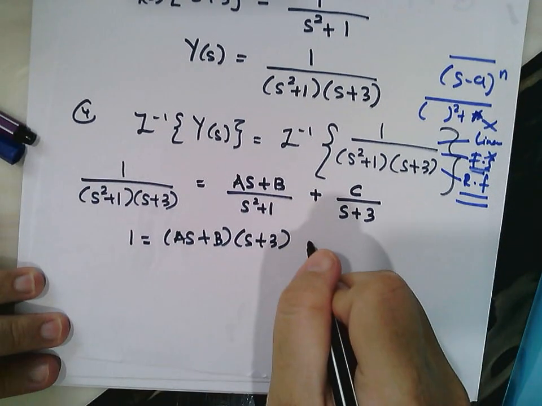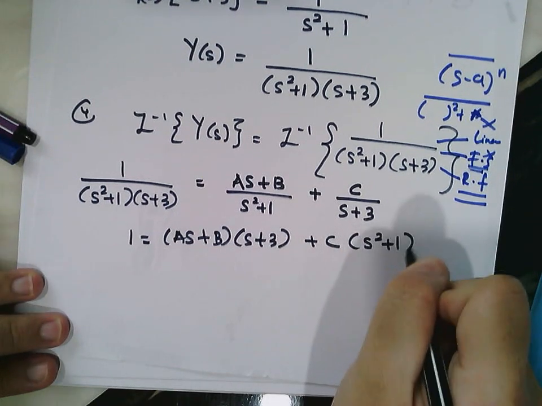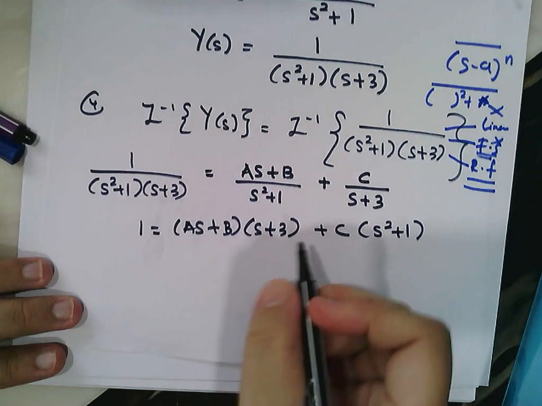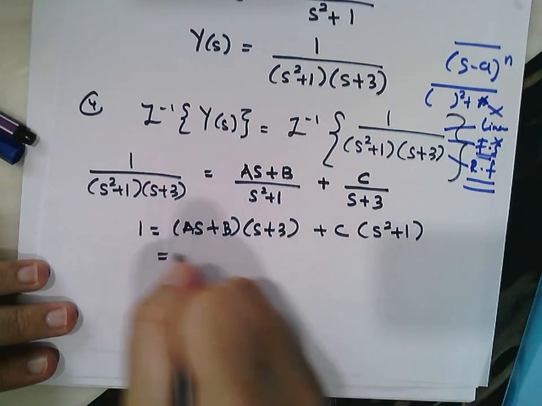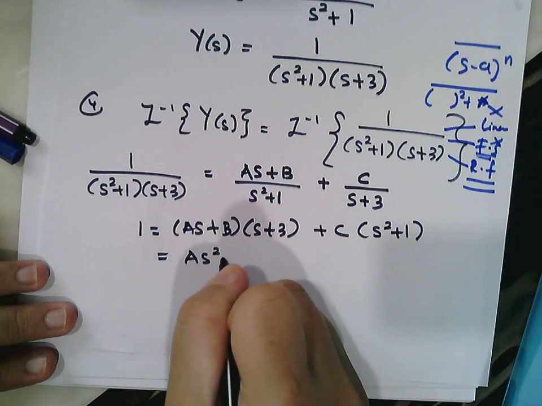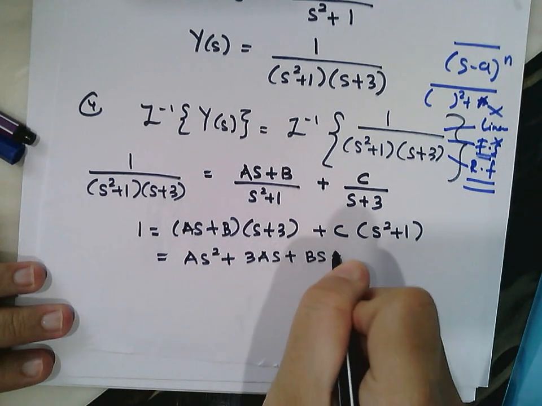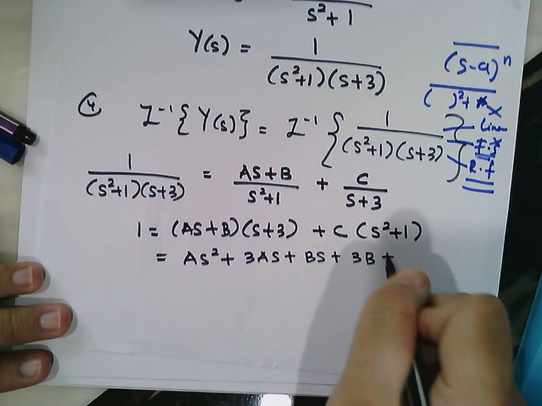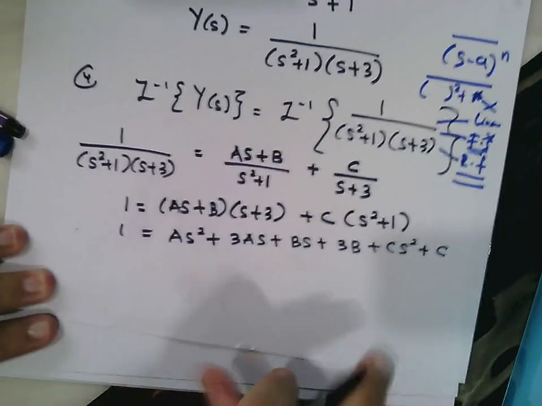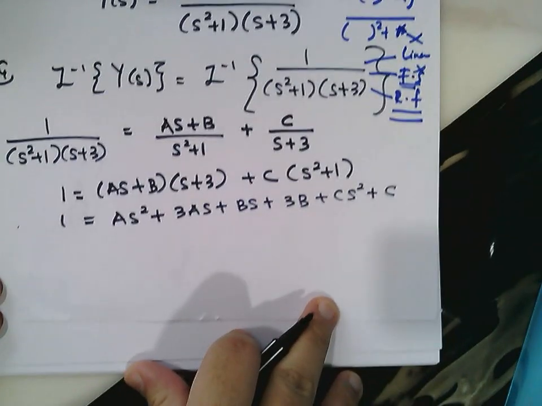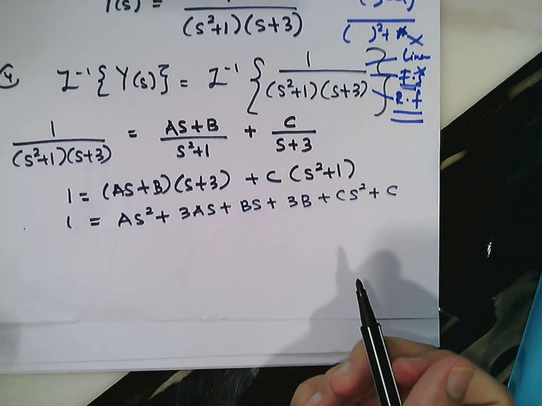Plus C, and for this one you need to multiply by s squared plus 1. Expanding the whole expression gives you As squared plus 3As plus Bs plus 3B plus Cs squared plus C, which is equal to 1. The next step is to factorize according to the variable.